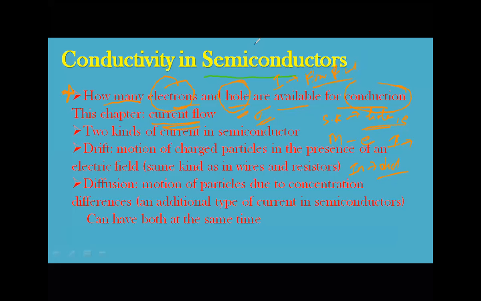So you have the current due to electrons and due to holes. So the current comes from two contributions of charge carriers, one is the holes, the other one is electrons. And two kinds of current in semiconductor. How many kinds of current? Two kinds. One is the hole, the other one is electrons. Oh, great. Thank you, sir.